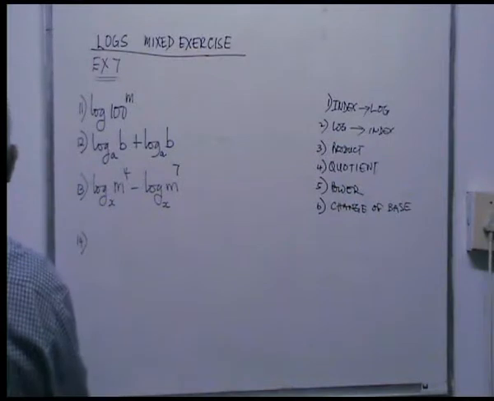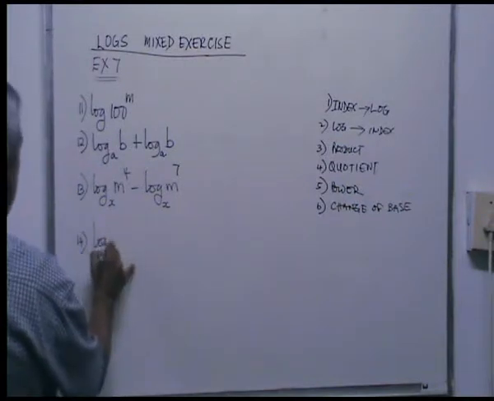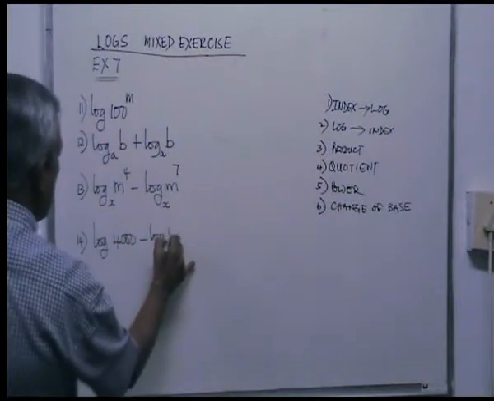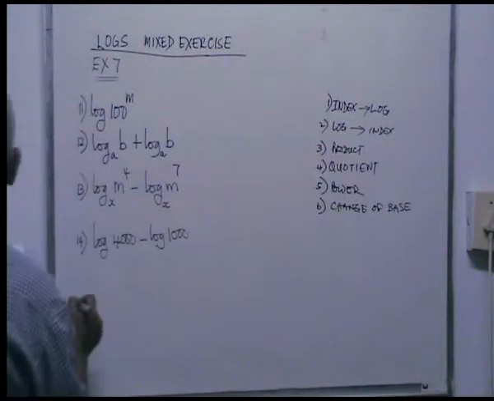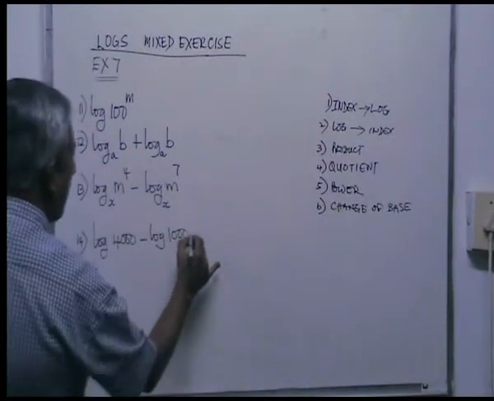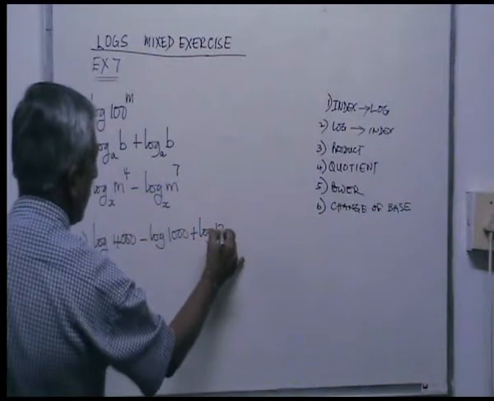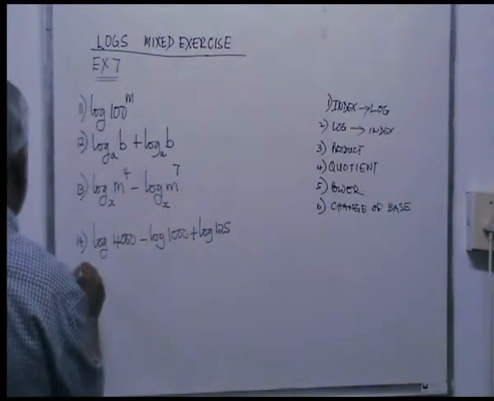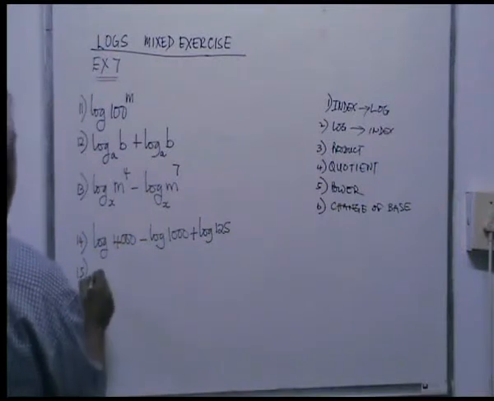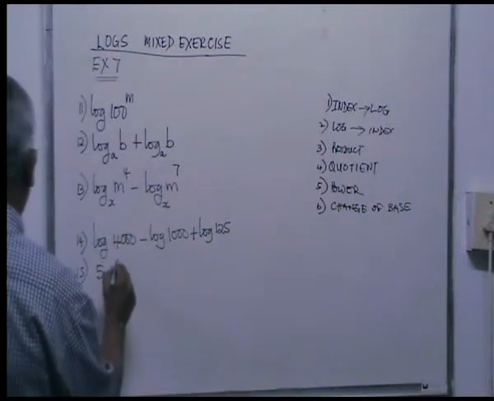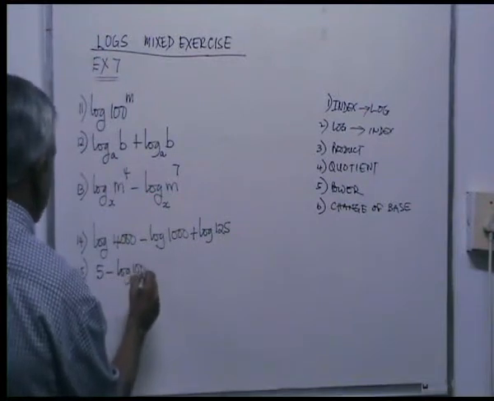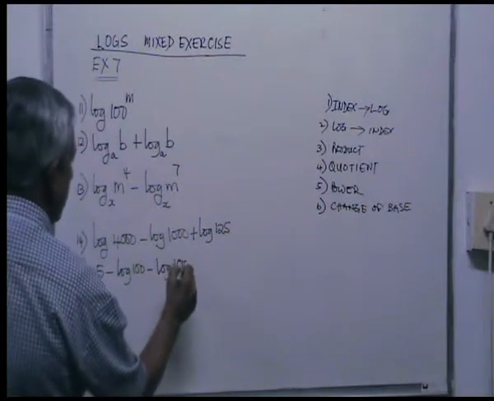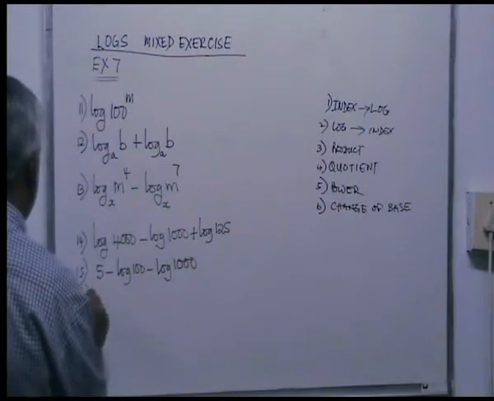Number 14, log 4000 minus log 1000 plus log 125. Number 15, 5 minus log 100 minus log 1000.